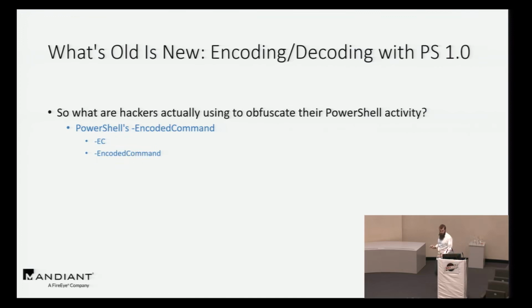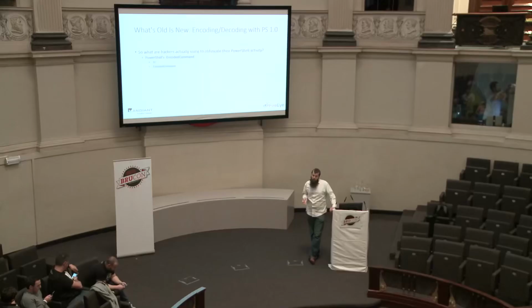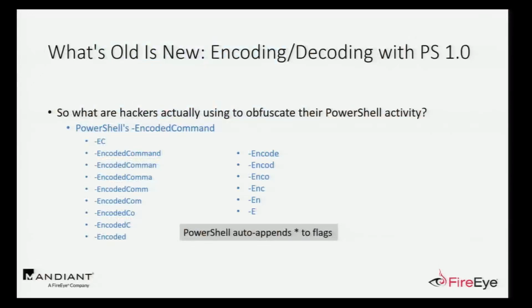Here's what PowerShell actually gives us. They give us EncodedCommand, then they give us the shortened EC. And then what they unofficially give us are all of these, because it automatically prepends a wildcard at the end whenever you're doing parameter binding or anything like that. Is that crazy? This was maddening to me when I saw it.